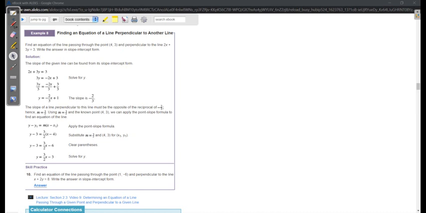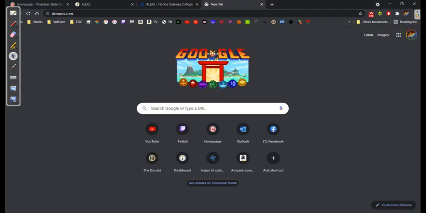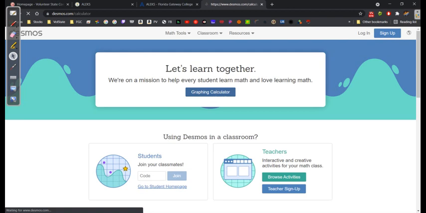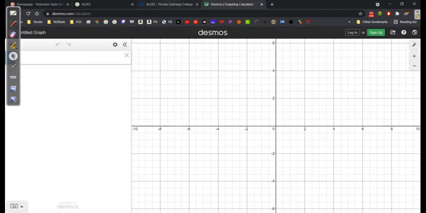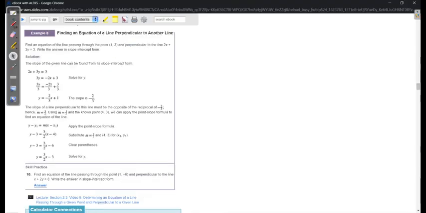All right, so Desmos. Desmos is a good tool to use here because it's just an online graphing calculator. So 2x plus 3y is equal to 3.